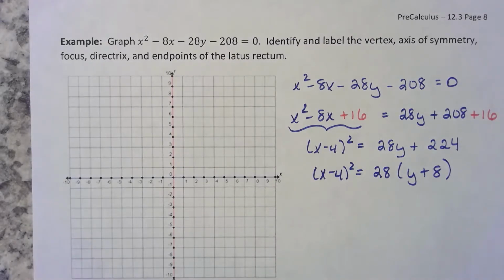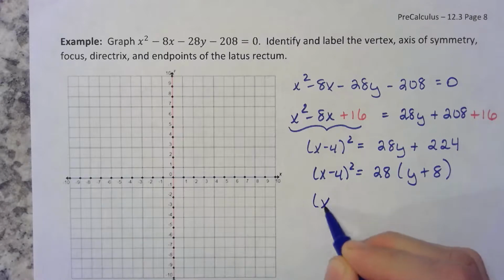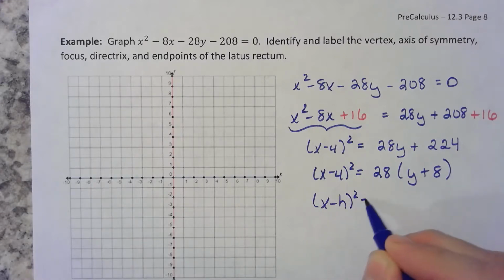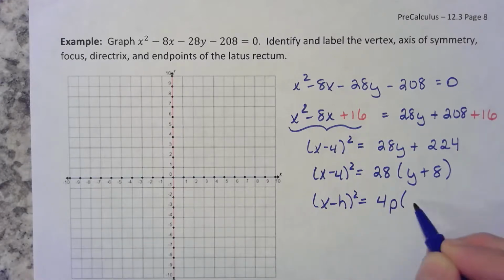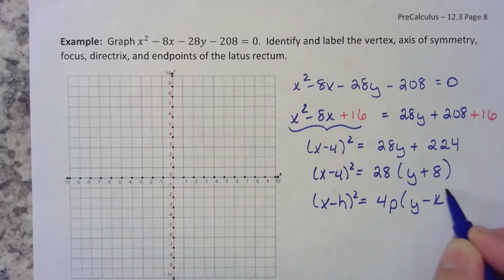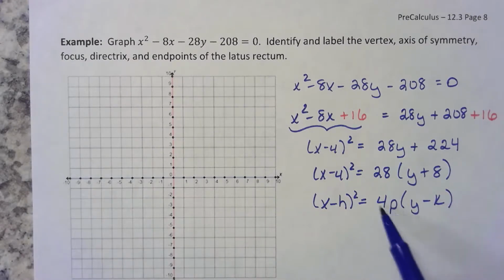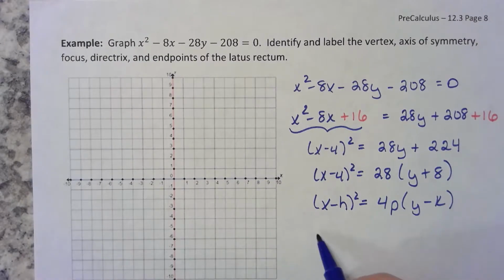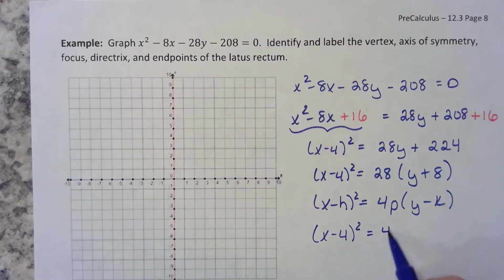Now if we look back at our formula, that's supposed to be x minus h all squared equals 4p times y minus k. If this is 4p and that's 28, that means p has to be 7, right? So we're going to have x minus 4 squared equals 4 times 7 times y plus 8.